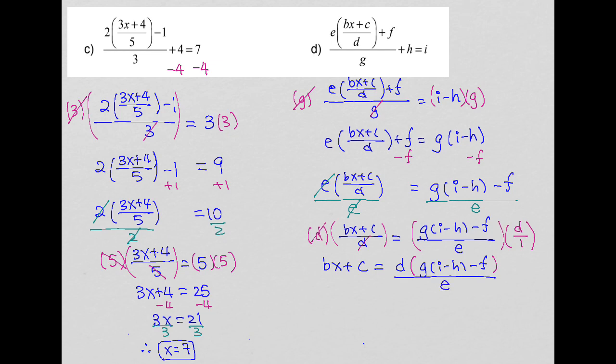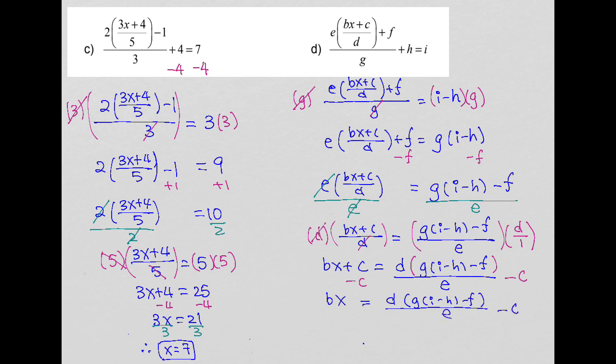And I have to remove the c on both sides. So minus c here. So you get bx equals d(g(i minus h) minus f) over e minus c.